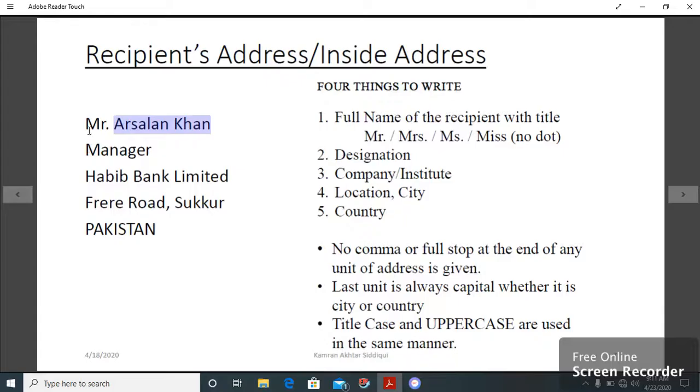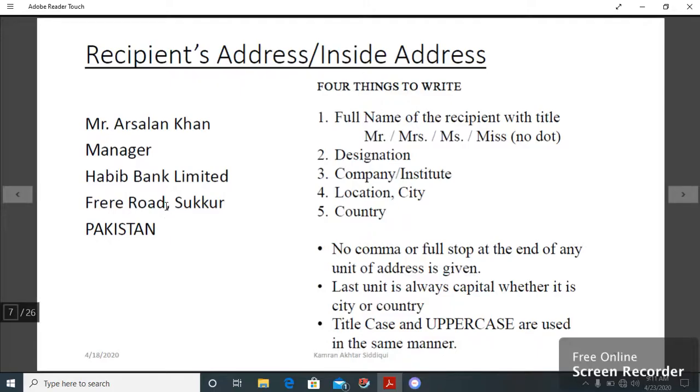Then the name of the recipient is followed by the designation, and on the next line we write the company or the institute in which the person is working, and then once again the location of the company followed by a comma, and then the city name followed by the country name in last, which must be in capital letters.